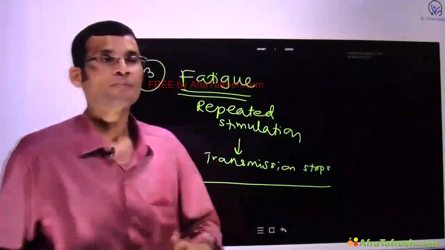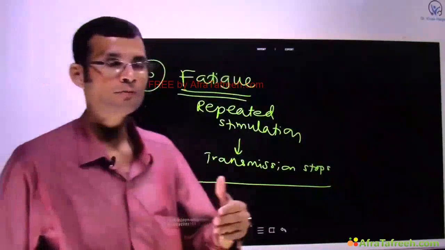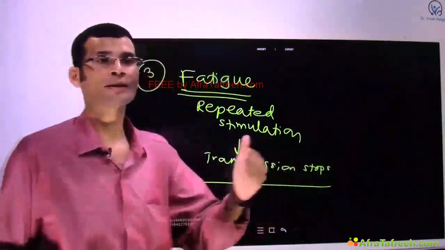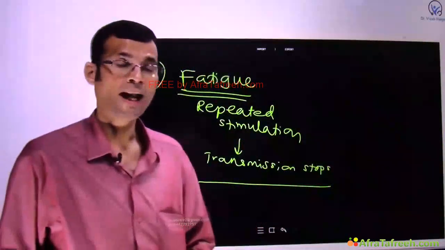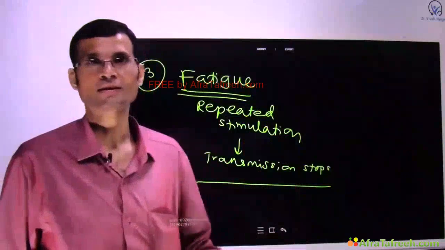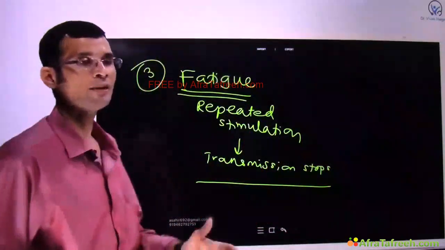During the exam, you cannot recall an answer. One answer which was rehearsed well, which was read well, but you could not recall that answer. And after the exam is over, you start recalling that answer again. Why is that? The property of synaptic fatigue.